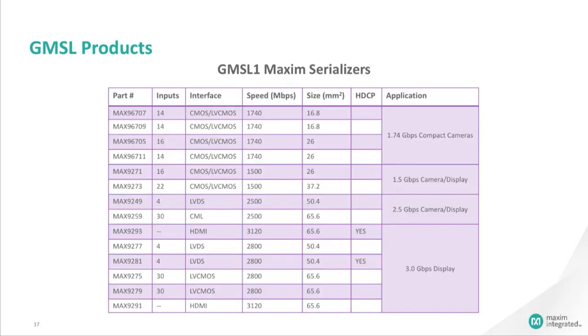This table represents all GMSL serializers that allow the use of both shielded twisted pair or coaxial cabling and are AEC-Q100 qualified. Note that some devices support HDMI video applications that require high-bandwidth digital content protection, or HDCP.